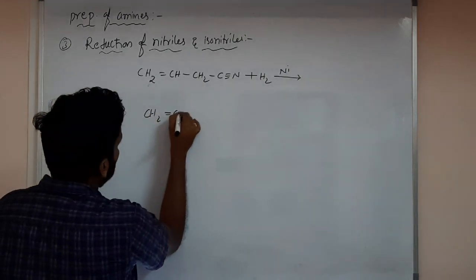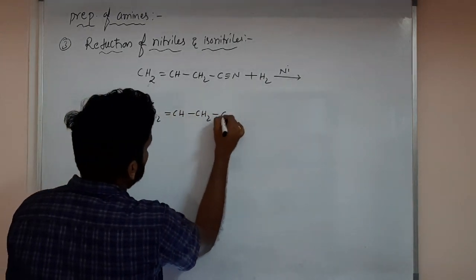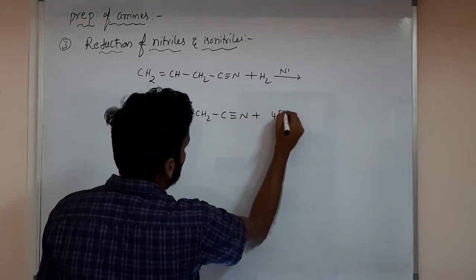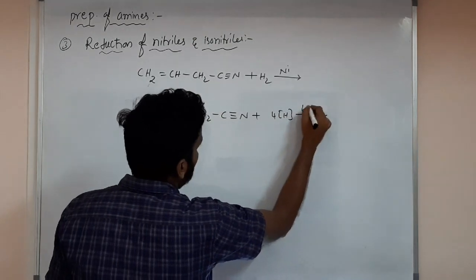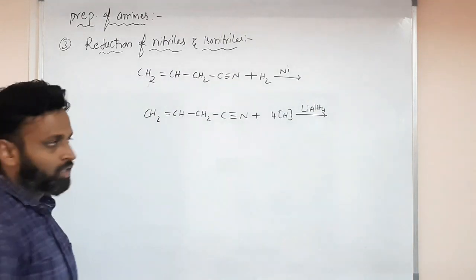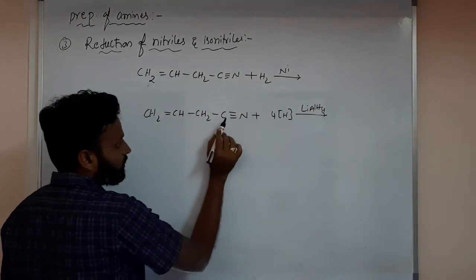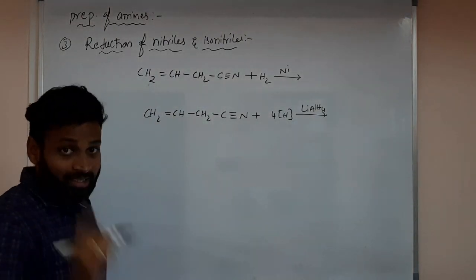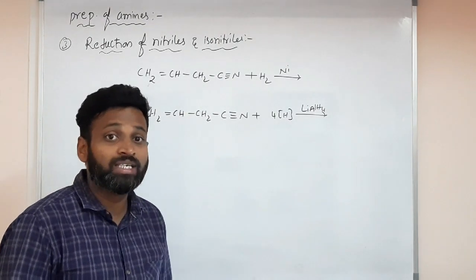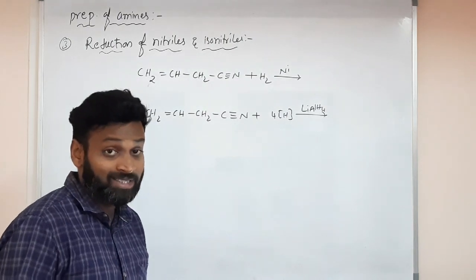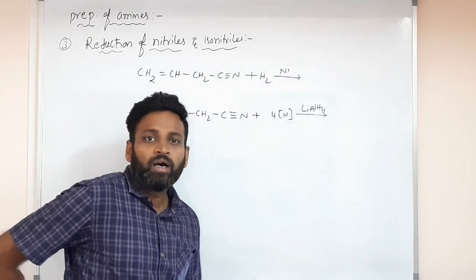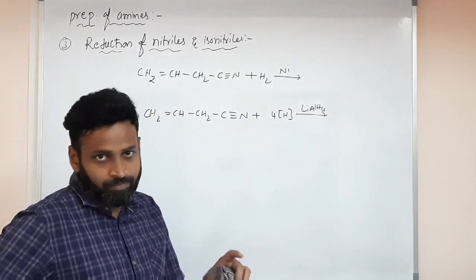And CH2 double bond CH and some CH2 C triple bond N, and reduction by LiAlH4. What is the difference? You remember? LiAlH4 cannot reduce C=C bonds, like that I gave. But when they are allylic or attached to benzene, then only they will reduce, as exceptional cases. Please recap those. Understood? Somewhere I gave it.